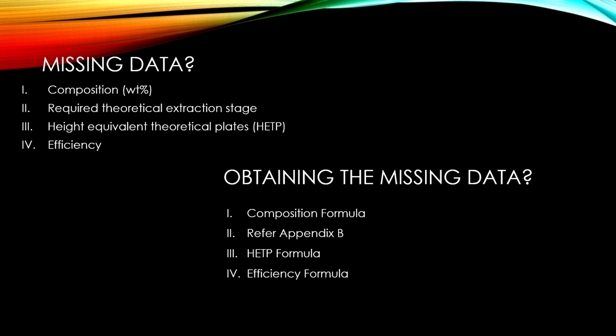So how can we obtain the missing data? First, using the composition formula. Second, we can refer to Appendix B. Third, using the HETP formula, and lastly, using the efficiency formula.